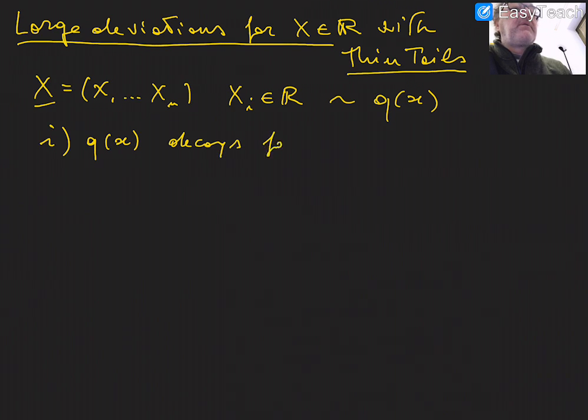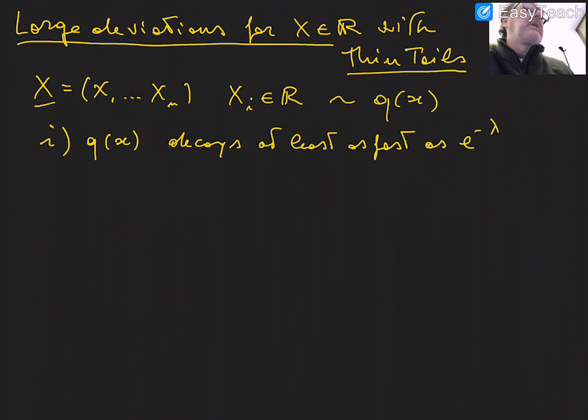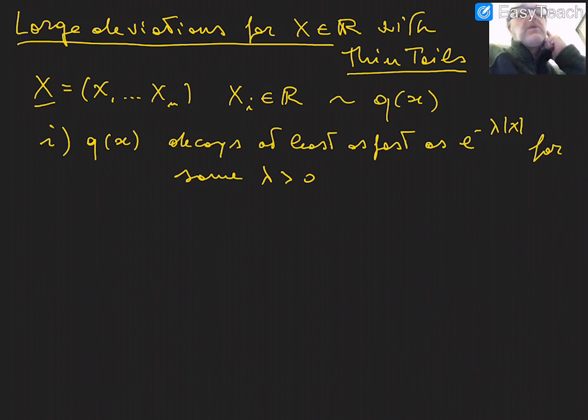which means that it decays faster, so at least as fast as an exponential, as x goes to plus minus infinity, as e to the minus lambda x, for some positive lambda.